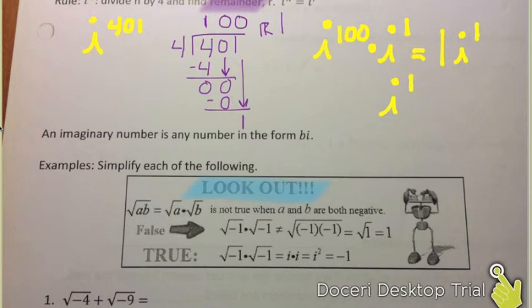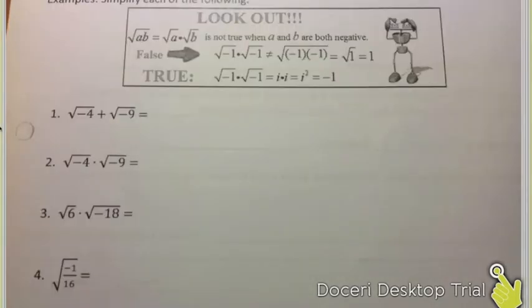Okay? We're going to go on to a couple of examples here. So, starting with the square root of negative 4 plus the square root of negative 9. We're going to go ahead and break that down.